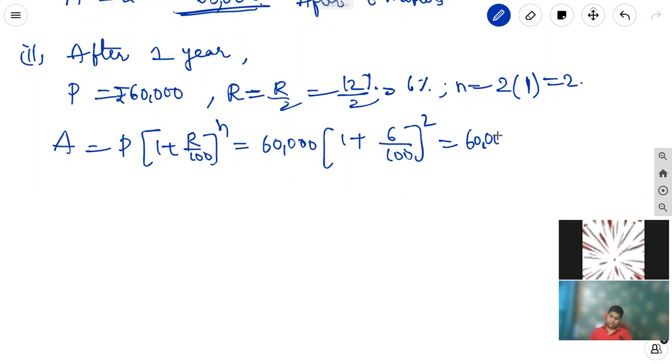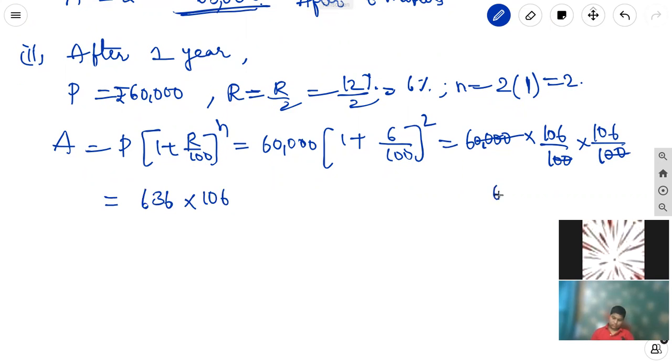So 60,000 into 100 plus 6, 106 by 100 into 106 by 100. 2 zeros, 2 zeros cancel. It is equal to 6 6 are 36, 6 1s are 6 into 106. 636 into 106. 6 6 are 36. 6 3s are 18 plus 3, 21. 6 6 are 36 plus 2, 38.